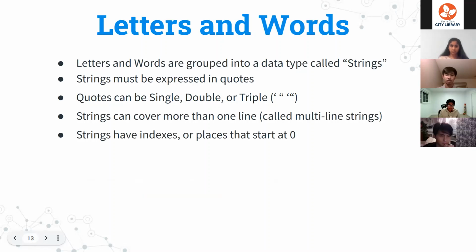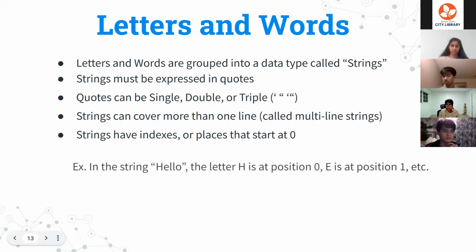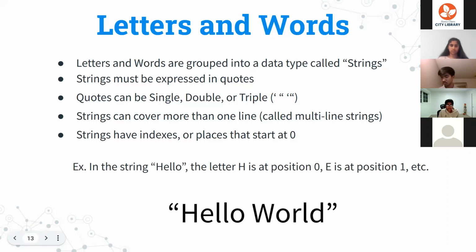The way things are numbered inside the string starts from 0. If you have a quote and then something immediately right after it, that index is number 0. So if you have the word hello written in quotes, H's position is going to be 0, E is going to be 1, L is going to be 2, and so on.